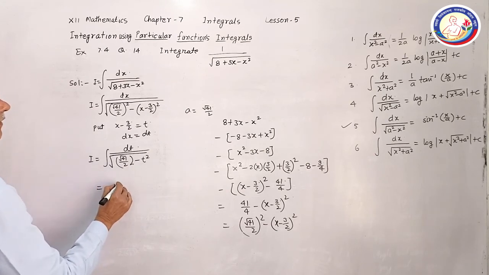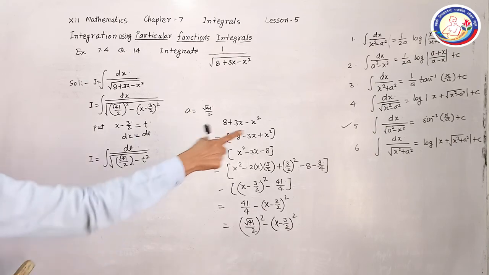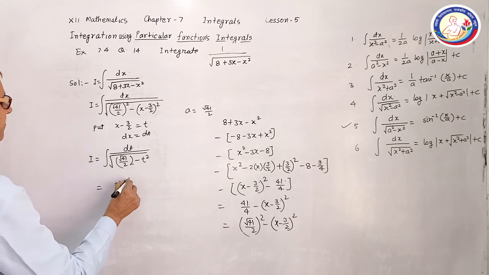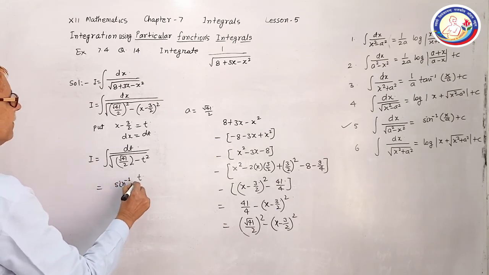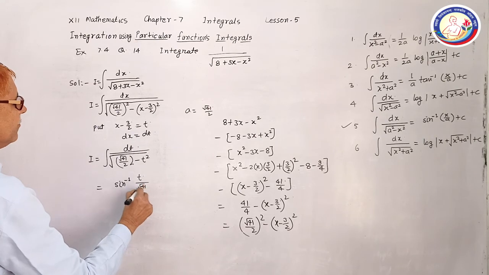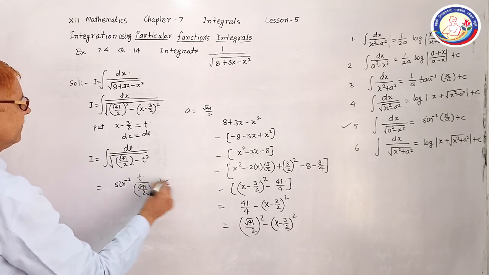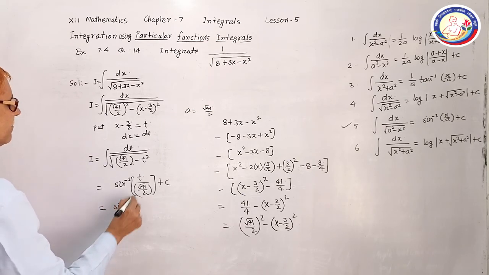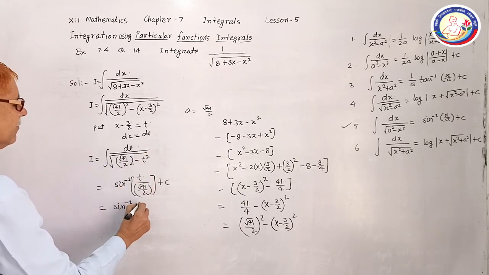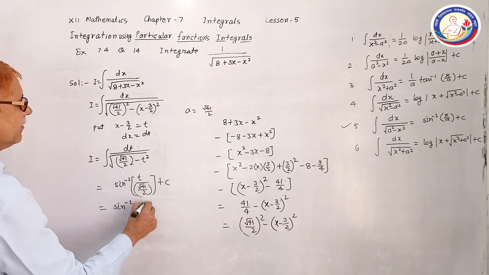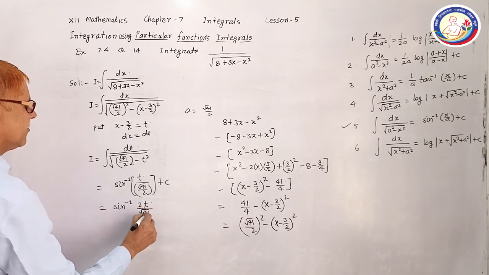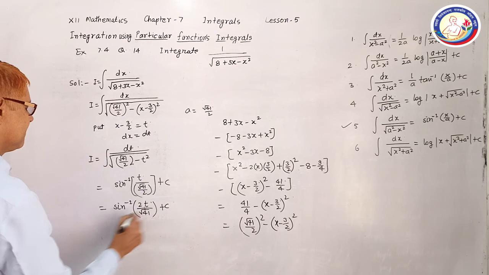And using the formula, here a is square root of 41 by 2, we will get sine inverse of t by square root of 41 upon 2 plus c. Simplify, this will be sine inverse of 2t upon square root of 41 plus c.